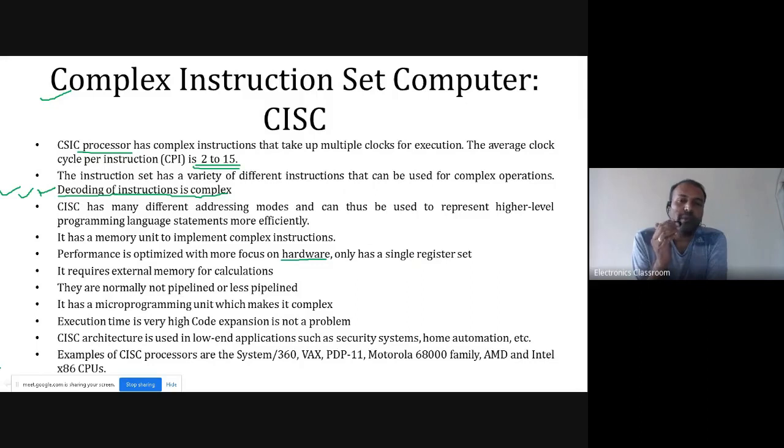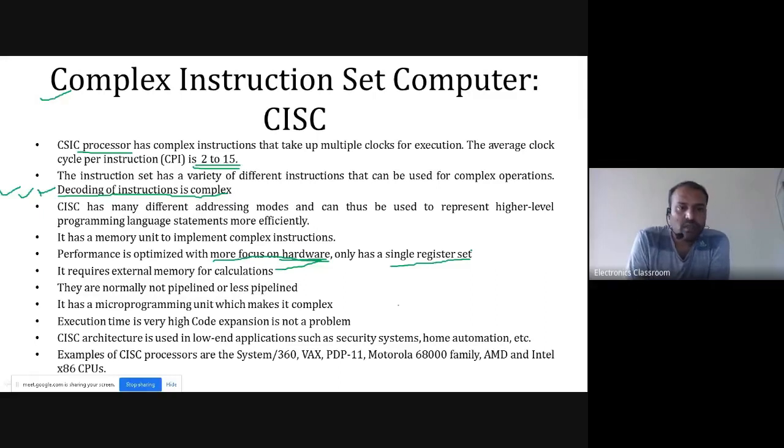You might have various instructions, but those instructions are decoded by adding more features in hardware. So more emphasis is given to hardware in this CISC architecture, and it has only a single register set. Single register set means only a limited number of registers to store your data.